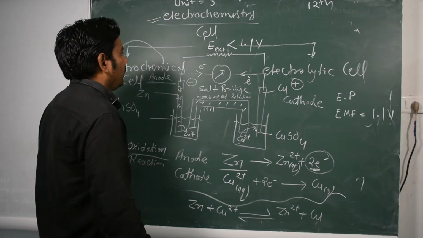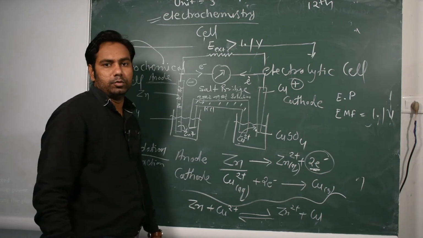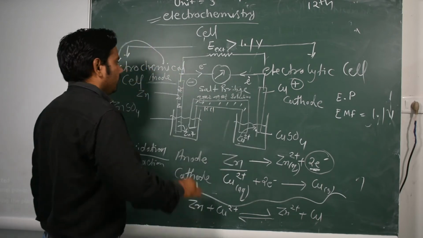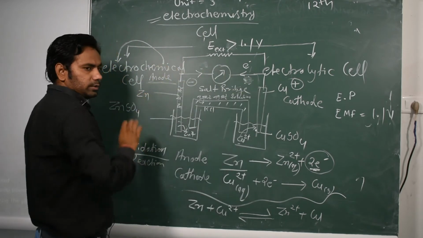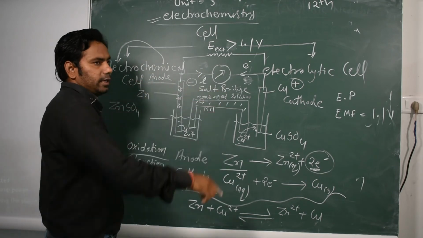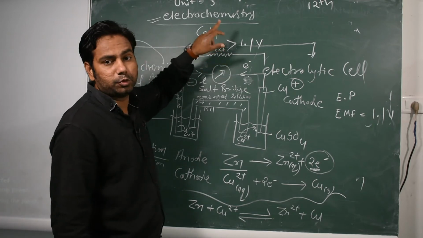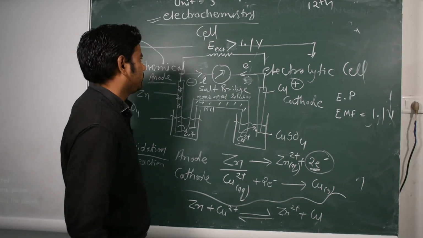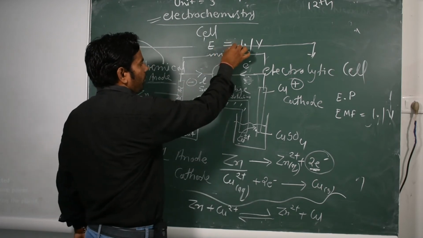But if your external voltage is greater than 1.1 volt, the reaction is reversed. Now electrons move from cathode to anode, and current moves anode to cathode, where E external is greater than 1.1 volt. Then suppose your external voltage is equal to 1.1 volt.